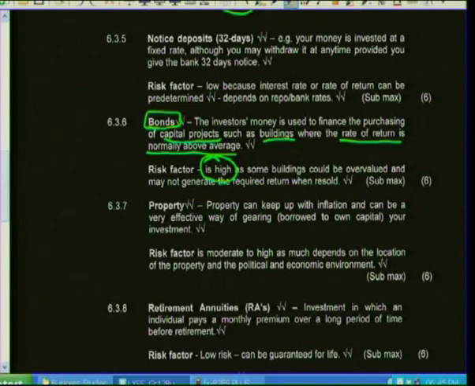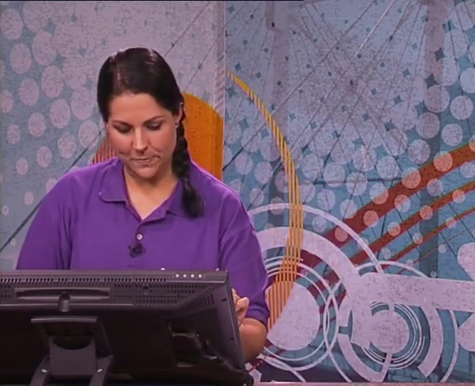The risk factor is high though. So this is not for the person that's scared. This is not for the person that only has a year to invest, because what if they lose everything? It's high because some buildings could be overvalued and may not generate the required return when it is resold. So be very careful with that one. Make sure you remember it's a high risk.